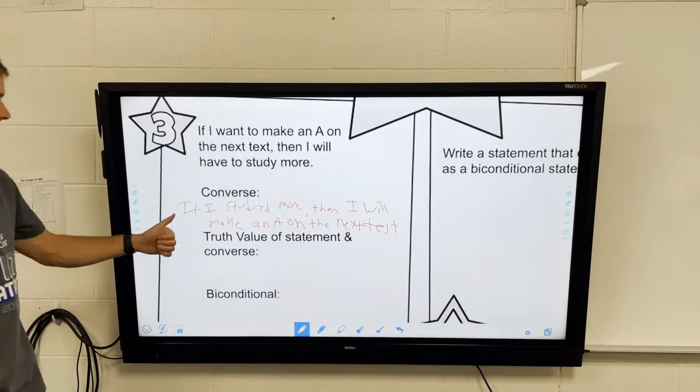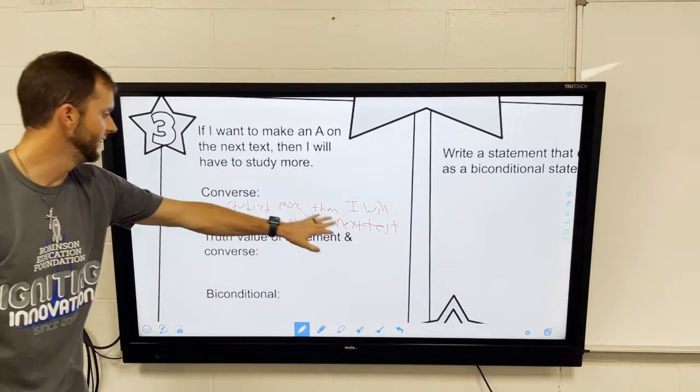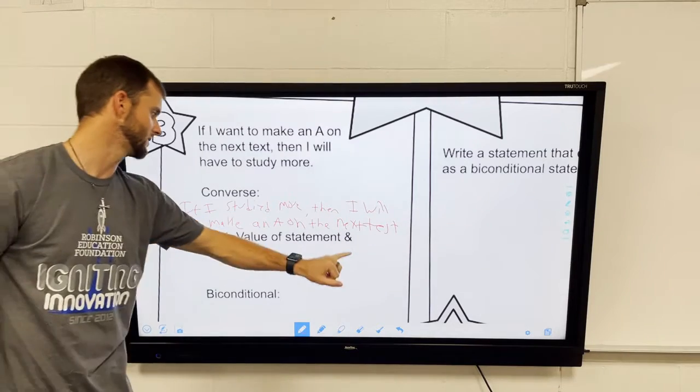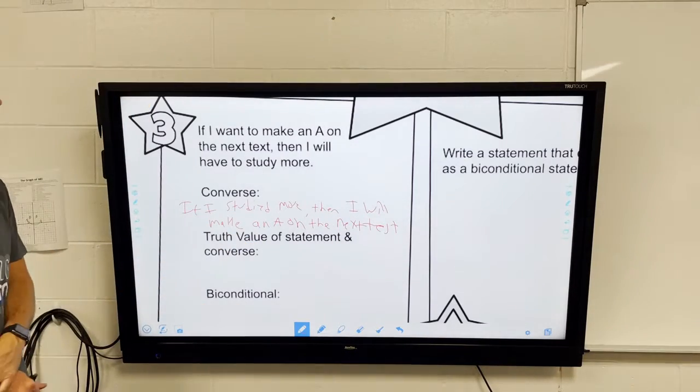So my converse is, if I studied more, then I will make an A on the next test. Let's look at the truth value of those two statements.